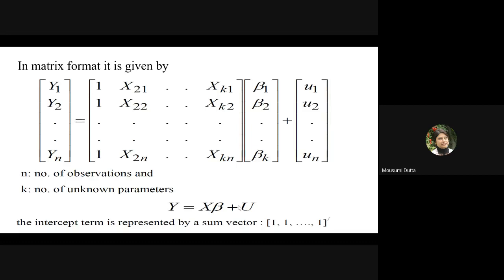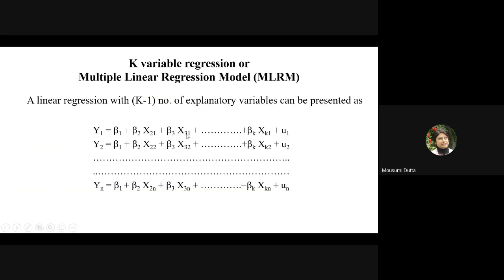Now, the difference between a simple two-variable model and a multiple regression is that here we have more explanatory variables. So if I need independence between X and U to maintain the linearity, I hope you are understanding, we also need independence between two X's.